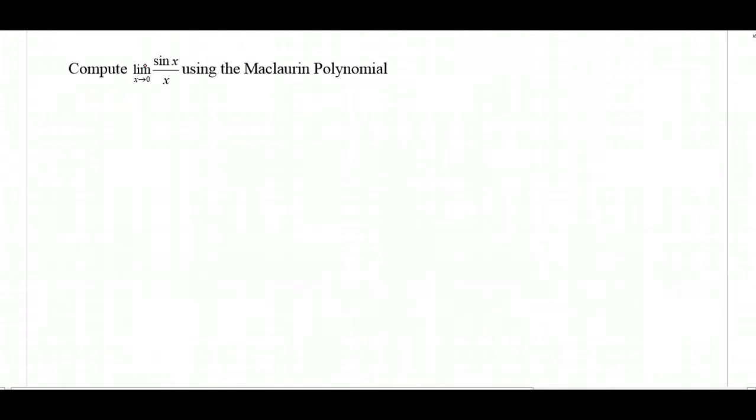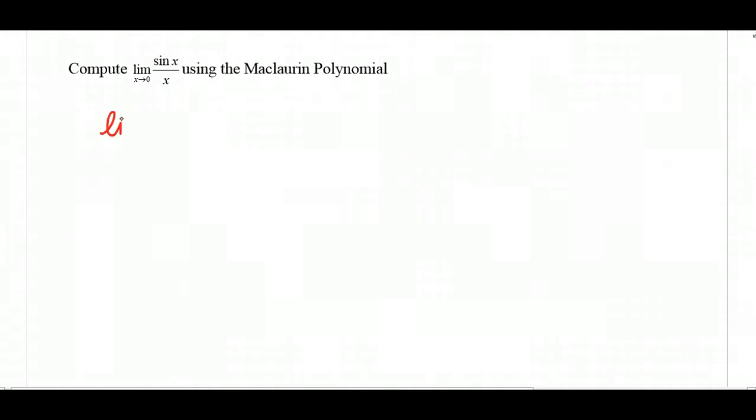Alright, so here we want to compute the limit as x approaches 0 of sine x over x using the Maclaurin polynomial. We should already know that this limit equals 1, as one of those trig limits that we needed to memorize, but now we can actually prove this using Maclaurin polynomials. Maclaurin is in because the sine function is centered at 0.